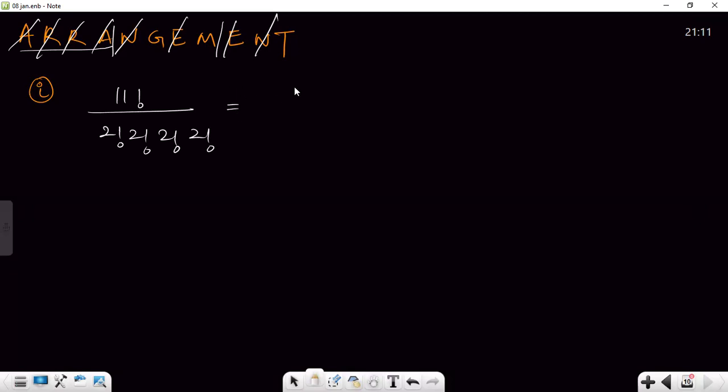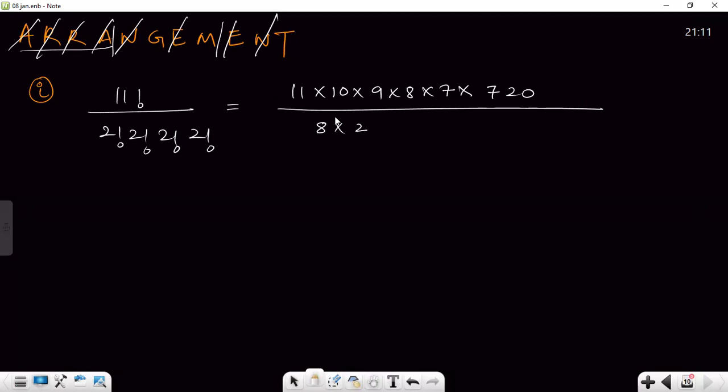So the total number of arrangements is 11 into 10 into 9 into 8 into 7 into 6 factorial, where 6 factorial is basically 720, divided by 2 into 2 into 2 into 2, which is 8 into 2. 8 cancels the 8, and 2 cancels, giving 720 by 360. We'll solve the remaining question with a lot of effort. So 11 into 9 into 7 becomes basically 63.